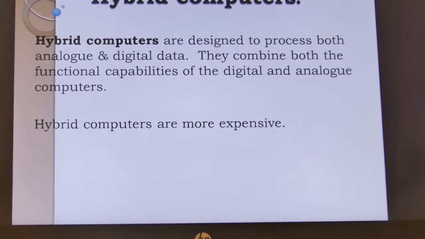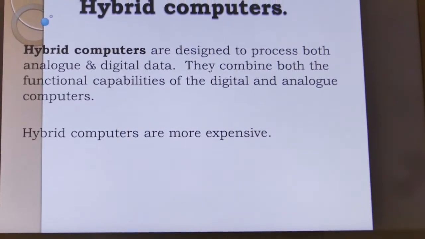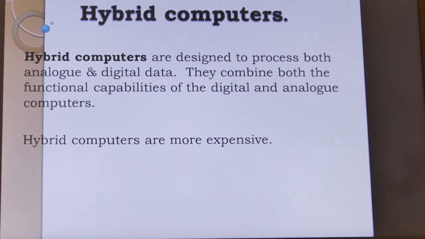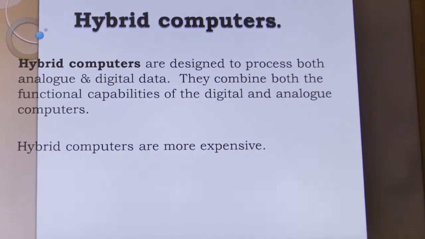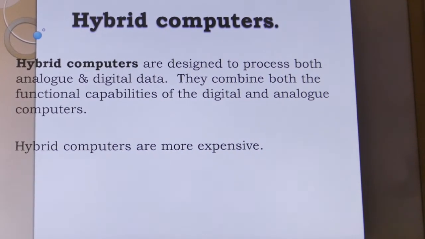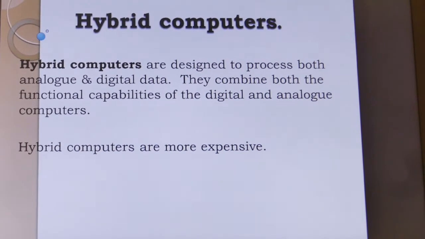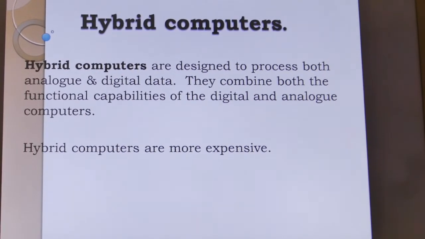Hybrid computers are designed to process both analog and digital data. They combine the functionality of the two, the digital and analog computers. And because of that feature, they are the most expensive compared to the other two.